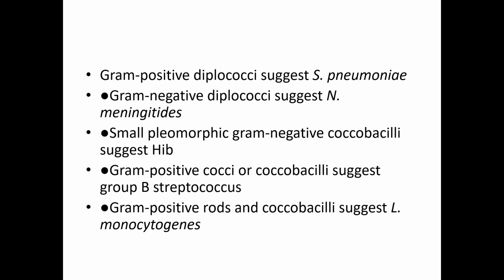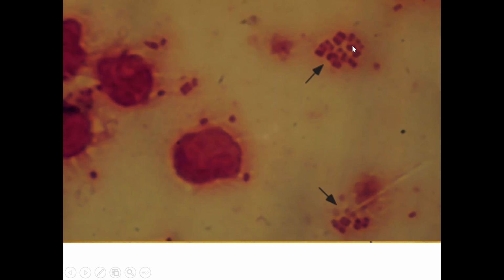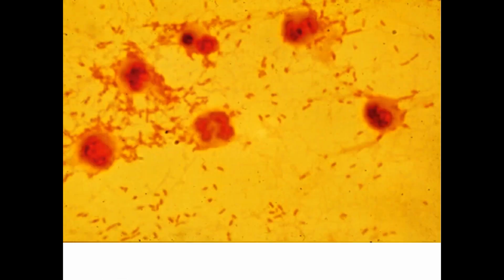Then we had discussed the Gram stain in these cases. So in the Gram stain, what can you see here? We have Gram positive diplococci. These are things like Streptococcus pneumoniae. There can be Gram negative diplococci, so things like Neisseria meningitidis, those are common.